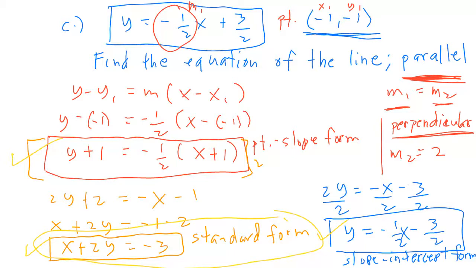So that point should be along the line that is parallel to the first line. So that would be the second line, y is equal to negative 1/2 x minus 3/2. As you can see, those are the parallel lines, and it actually matches the problem asked. You can see the green line is the line we're looking for, and it passes through the given point, negative 1, comma, negative 1.